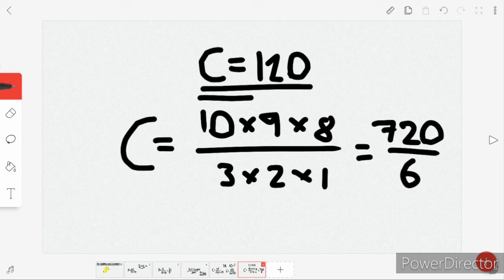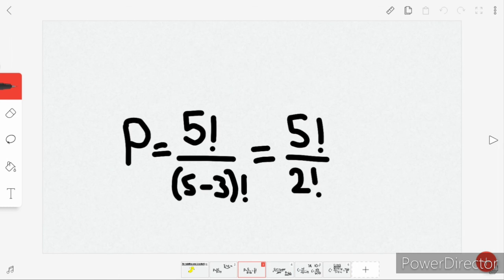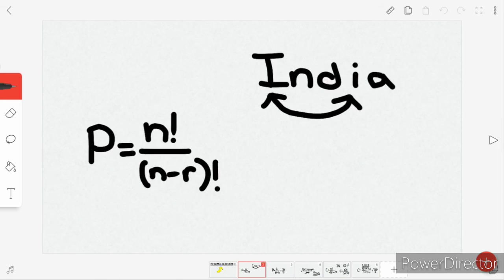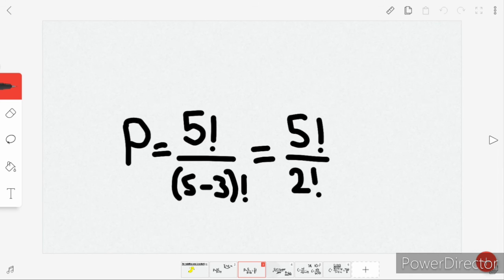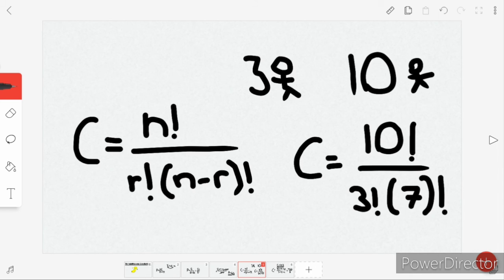Let's just reiterate. So we have combinations, and the n is the total. We have 10, right? Then r, we just have 3, and then we have 10 minus 3, which is how we got 7.